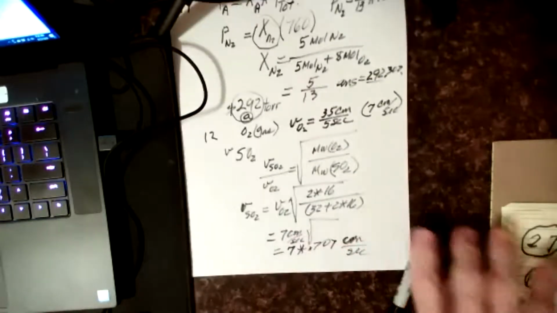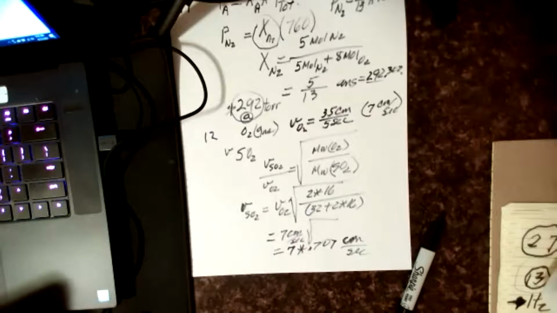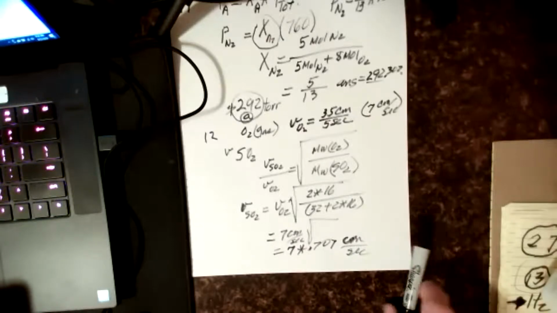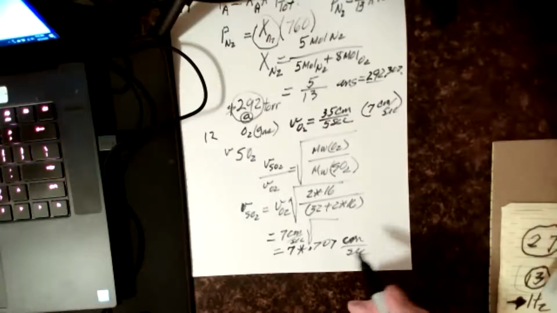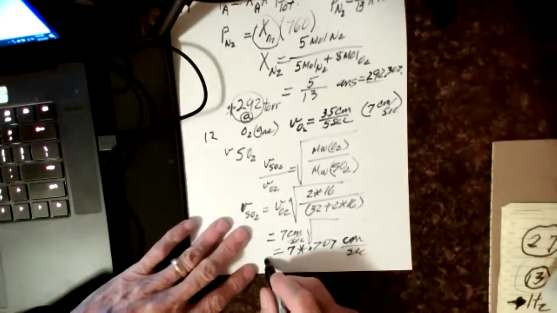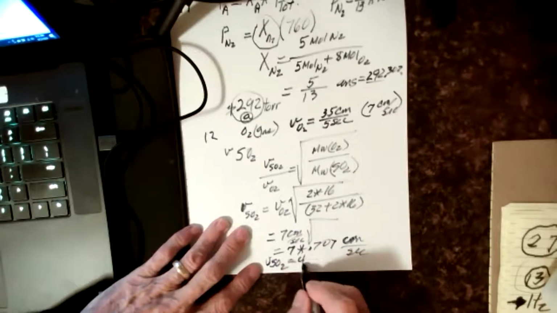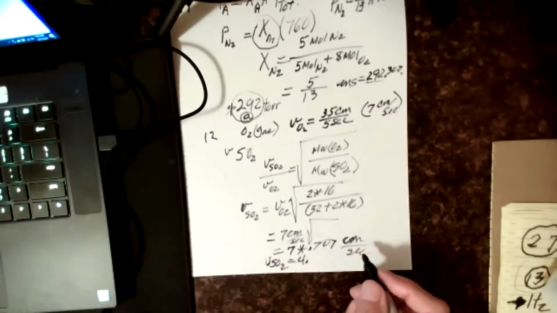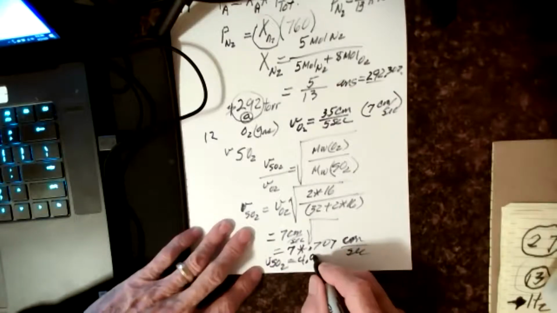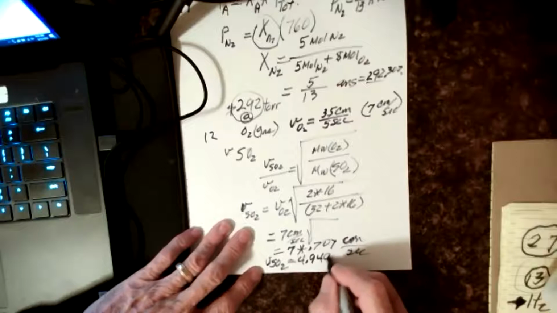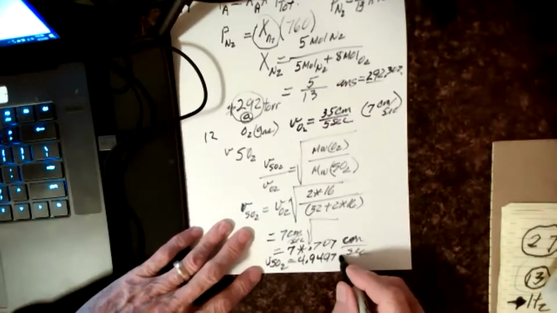So I'm going to need to multiply by 7. So I'm coming out with 4.9. Velocity of the SO2 is 4.9497, and of course still centimeters per second.